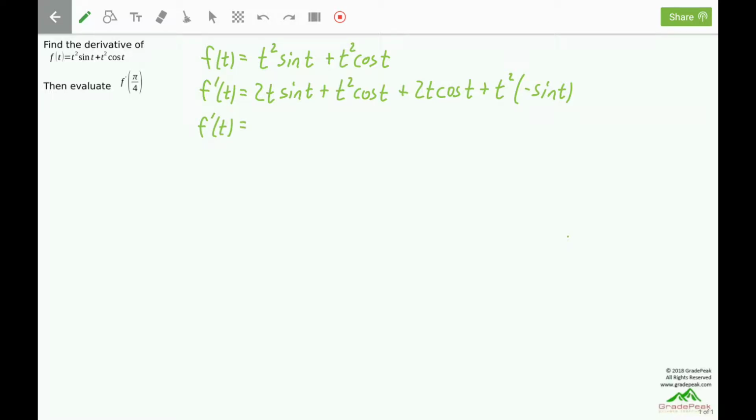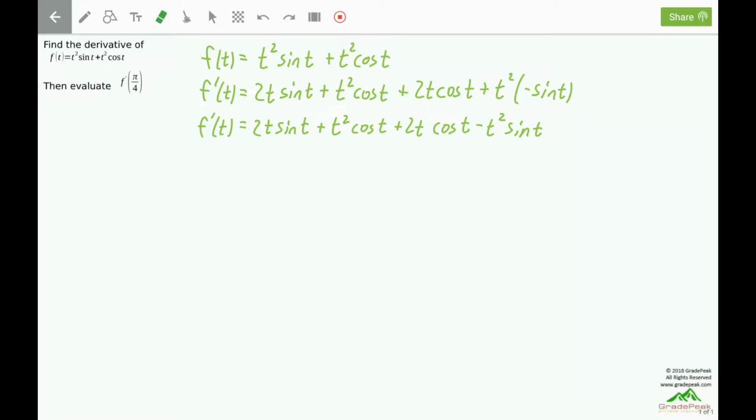So f prime of t is 2t sine of t plus t squared cosine of t plus 2t cosine of t minus t squared sine of t.